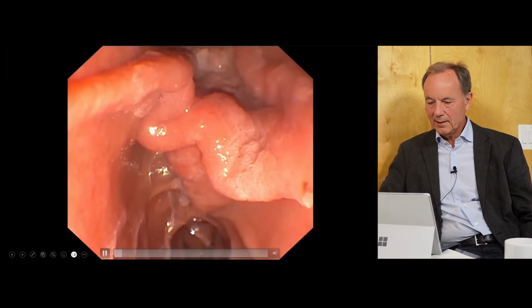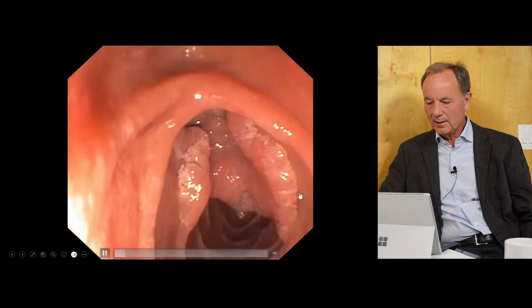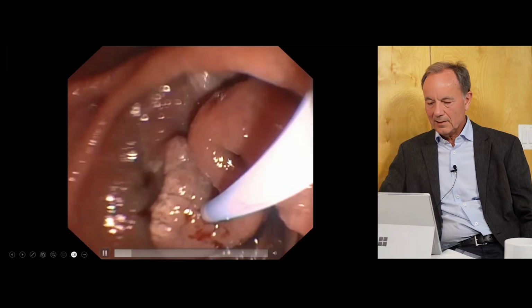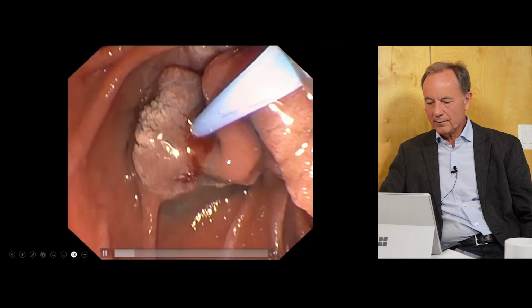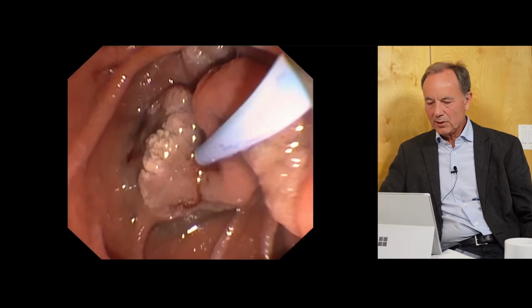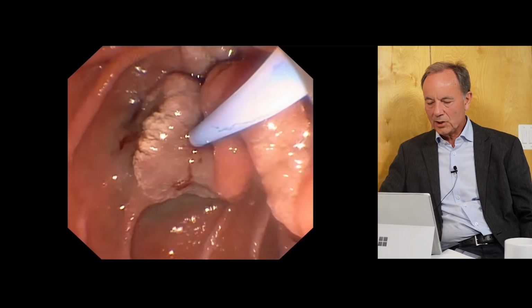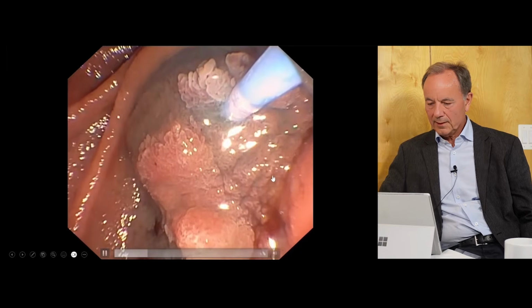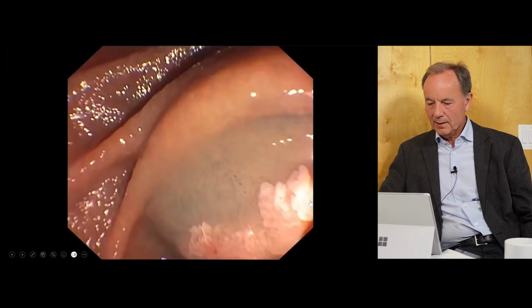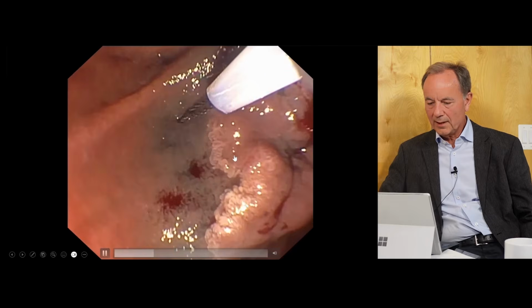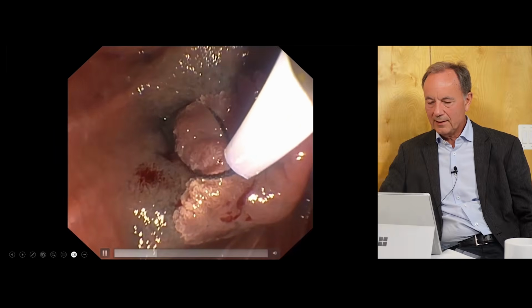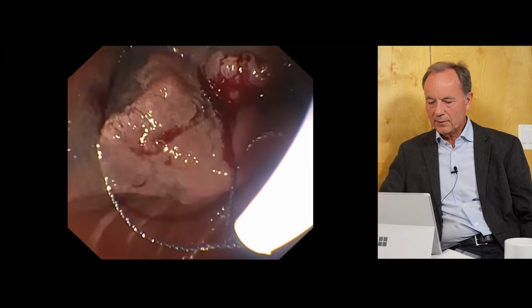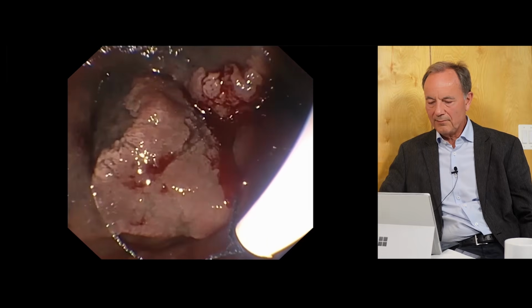Firstly, as I said, for diagnostic evaluation, we can nicely delineate the lateral margin, and then, as we discussed before, we start with conventional piecemeal resection, with submucosal injection with some indigo carmine to have a dyed submucosal layer, and then we push the tip of the snare into the normal part of the mucosa with some safety margin.